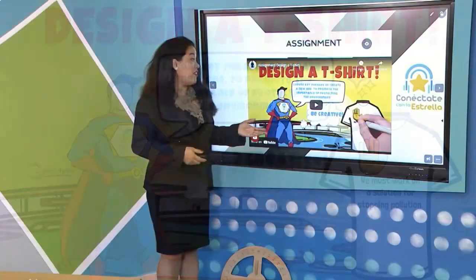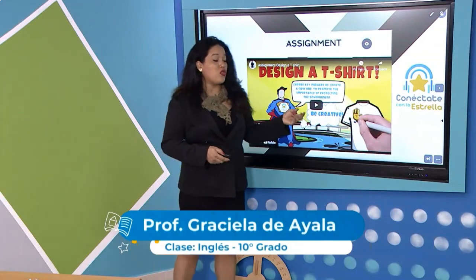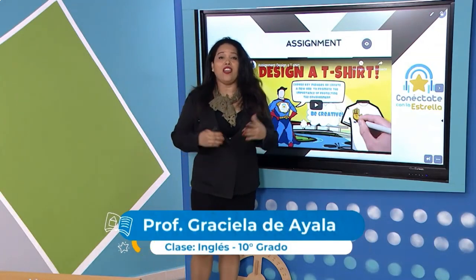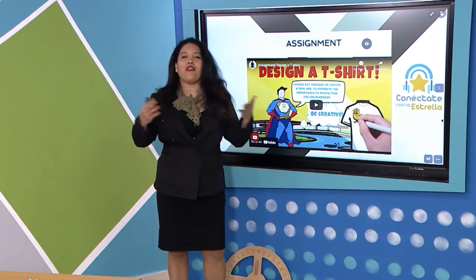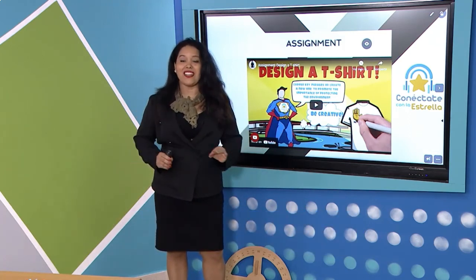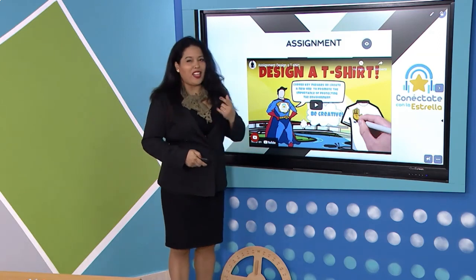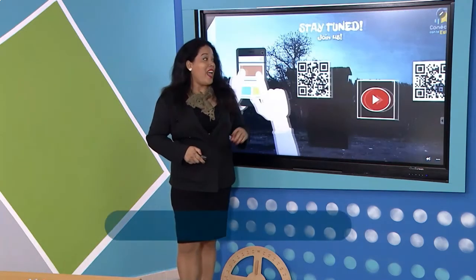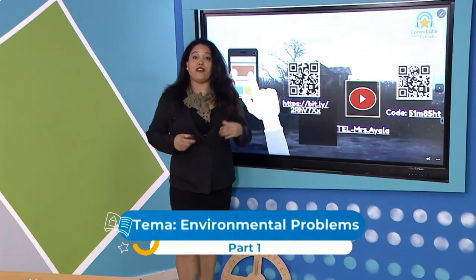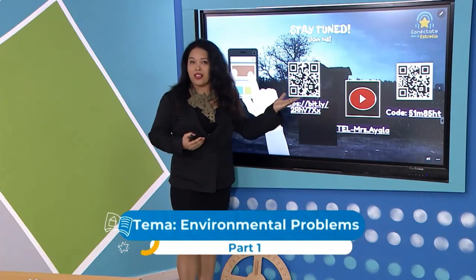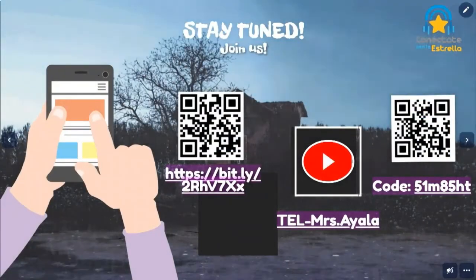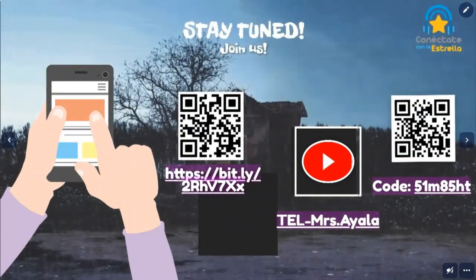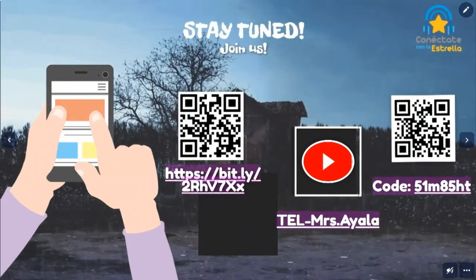So good, guys. Remember that you can reuse, you can use an old t-shirt, and you can use the material that you have at home, markers, paint, and create an amazing t-shirt. I would like to see those projects. And remember, guys, you have to stay tuned through the different channels that we have available for you. You can upload your activities here in the Microsoft Teams account that we have for you.